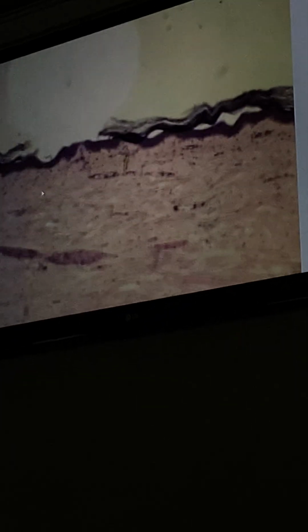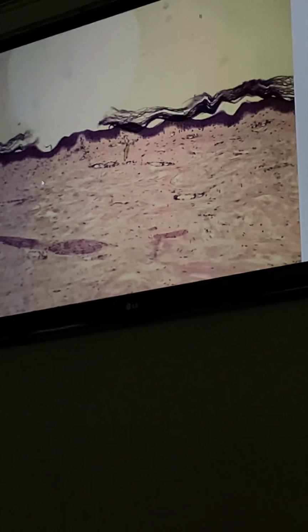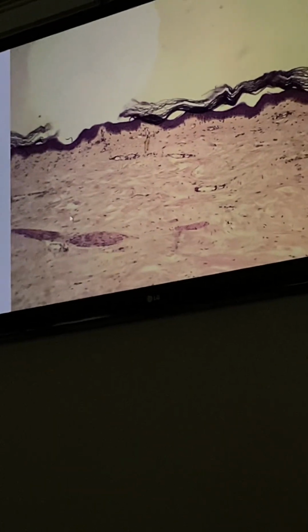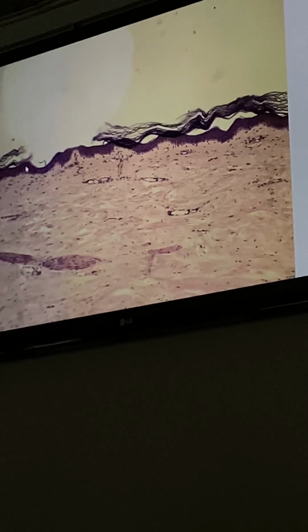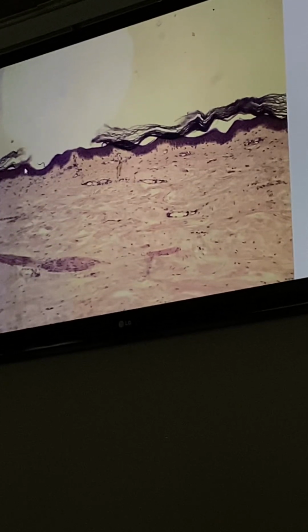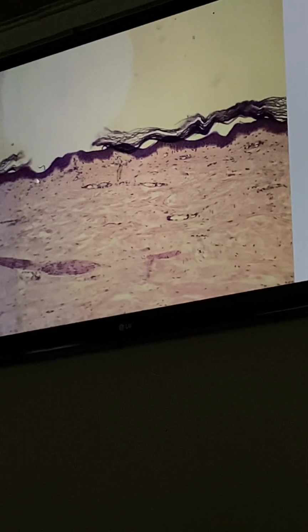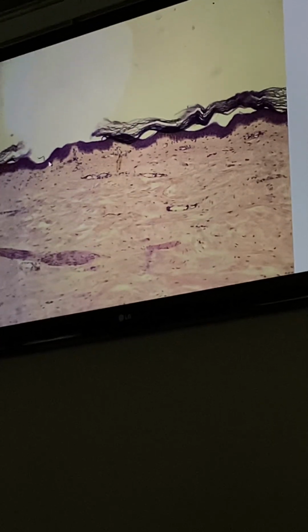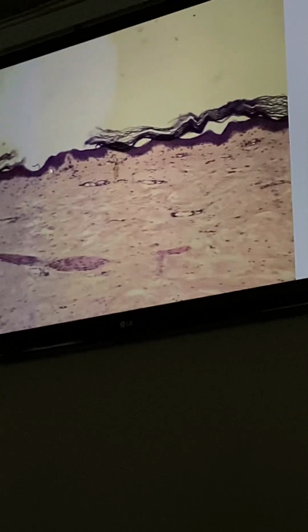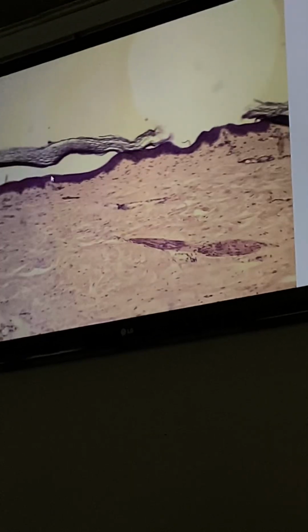This section in thin skin also consists of epidermis and dermis. The epidermis layer consists of four layers. Stratum lucidum is lost in this slide. Also stratum basale, spinosum, granulosum, and corneum. Pay attention, this separation occurred during preparation.